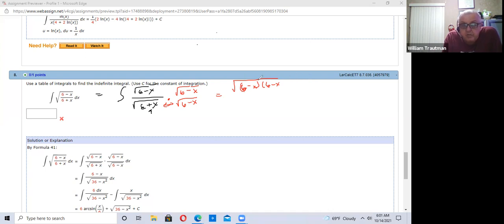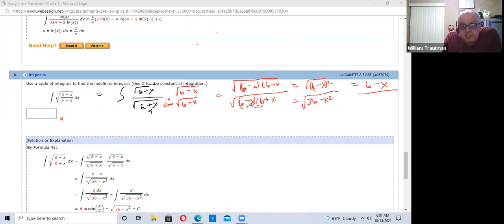And what you end up with is the square root of 6 minus x squared, which just equals 6 minus x on top. Now the bottom, when you multiply those two together, you end up with, on the bottom, 36 minus x squared.